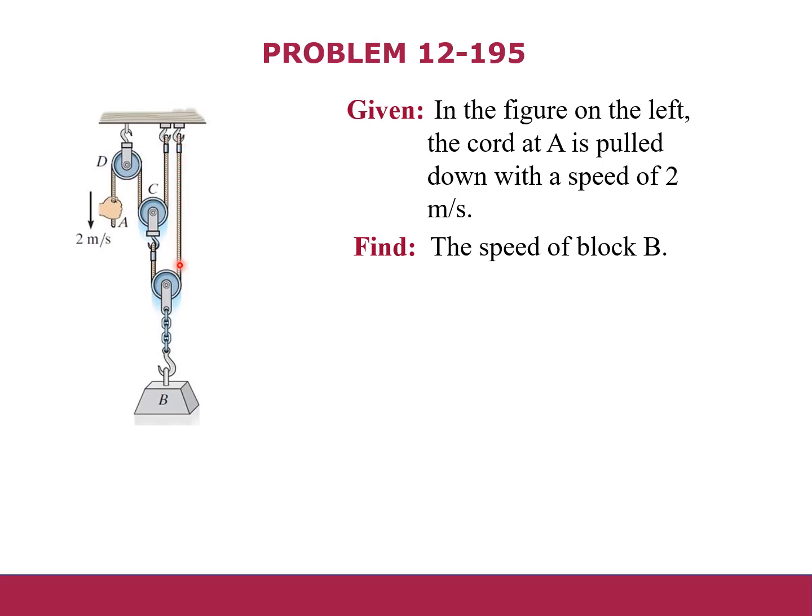One is this and the other one is this. So the velocity at which point A is pulling downward is 2 meters per second, and the block is moving in the upward direction, which we have to calculate. So we have to find the speed of the block when the speed at point A is 2 meters per second.